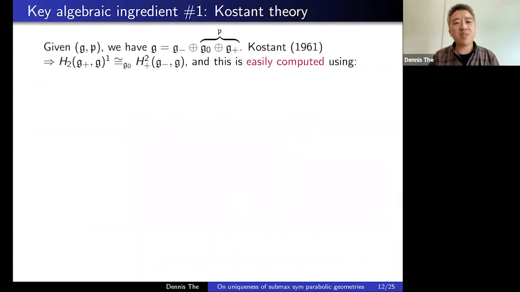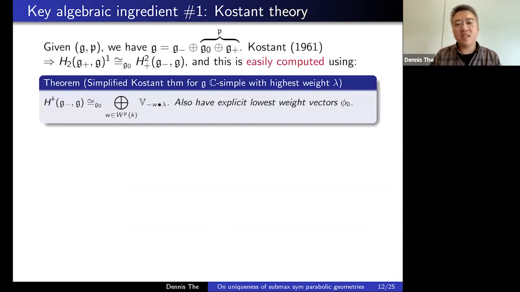Okay, so let me review some of this framework for studying symmetry gaps. So given GP, we have this grading, I said, and Kostant gives you an isomorphism between these homology groups and these Lie algebra cohomology groups. And we want to just understand the G0 module structure. This is easily computed using Kostant's theorem.